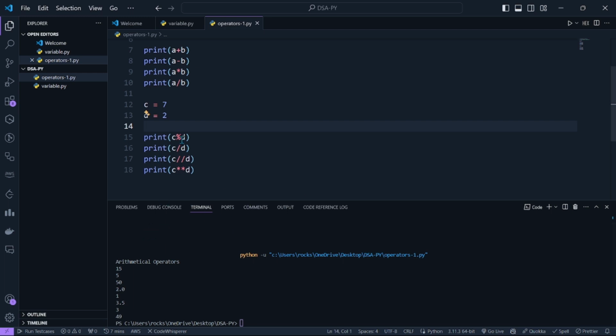So here you can see that c modulus d is returning 1, because when we divide 7 by 2, 1 remains as the remainder. Then 7 divided by 2, which is 3.5, is also returning the correct value.